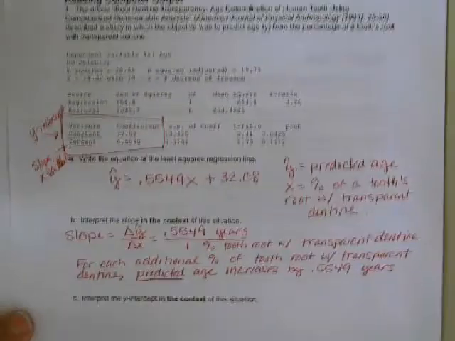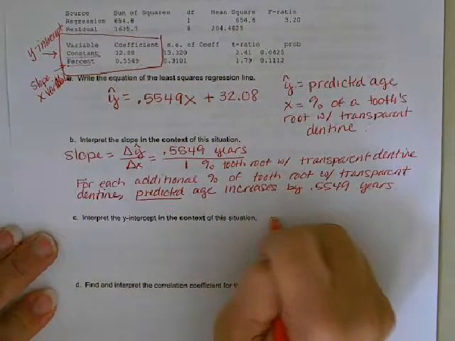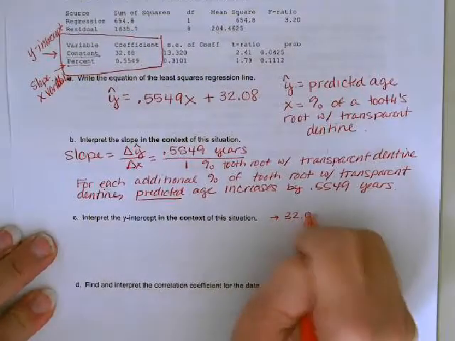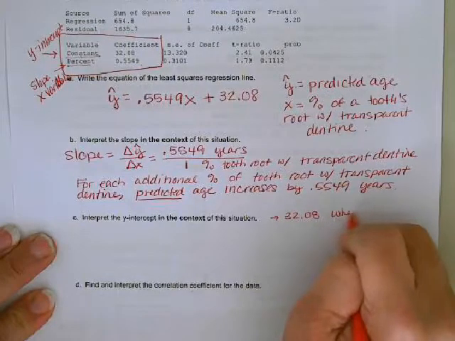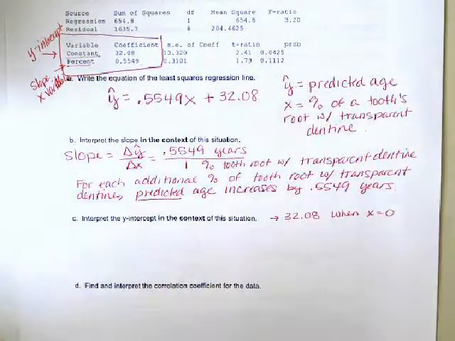So now when we are looking at y-intercept, that was 32.08. And that's when x is equal to 0. All y-intercepts are when x is equal to 0.